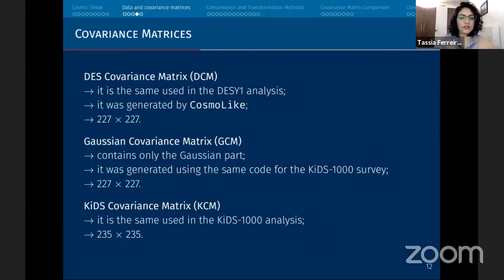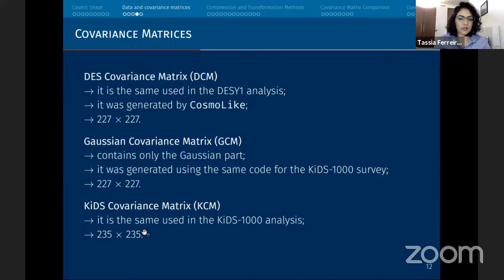So we only took the Gaussian part of this matrix. And again, it's 227 by 227, because all of the cosmological analysis with these two matrices are done on the same data set. So they have to be the same size, also for comparing them.